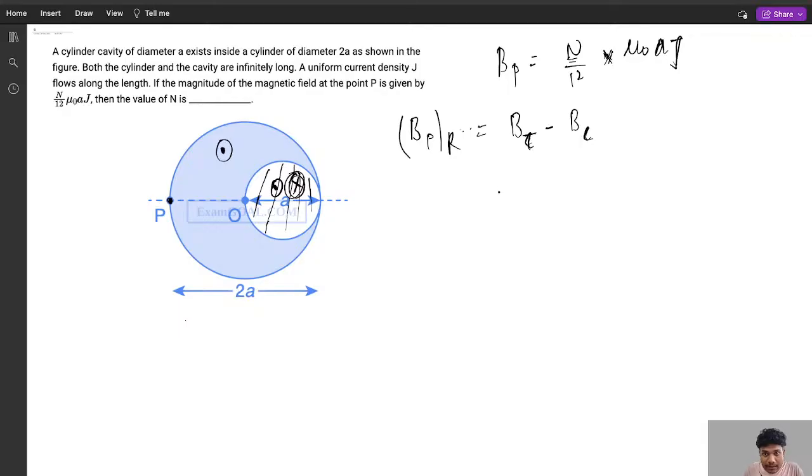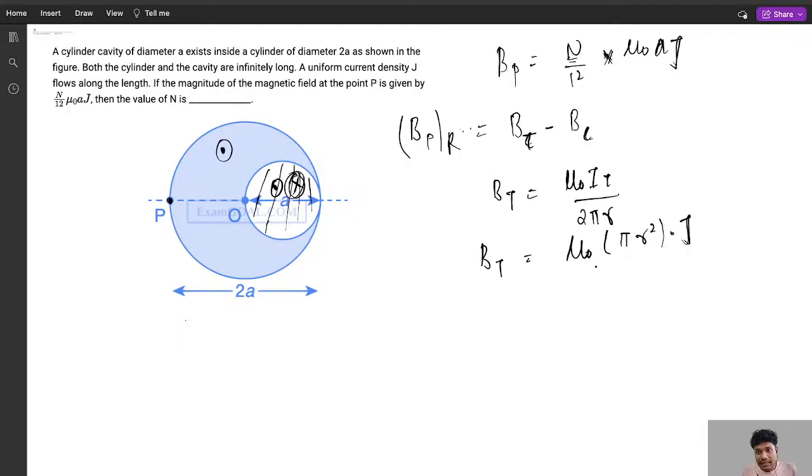That is, B due to total is equal to mu naught I through the total upon 2 pi r, right? That is due to an infinitely long wire. That is, B total is equal to mu naught I total, where I total is equal to pi r square into density, that is area into density, it is total current, into 2 pi r.